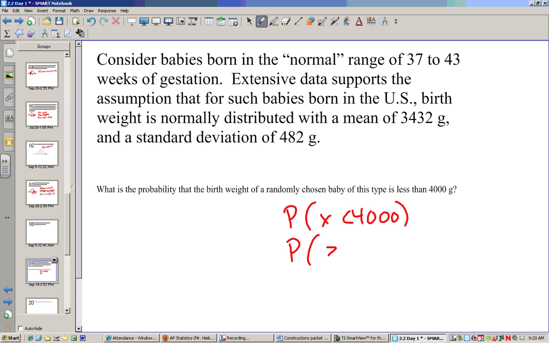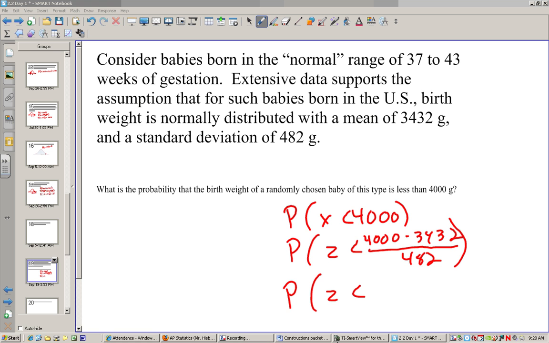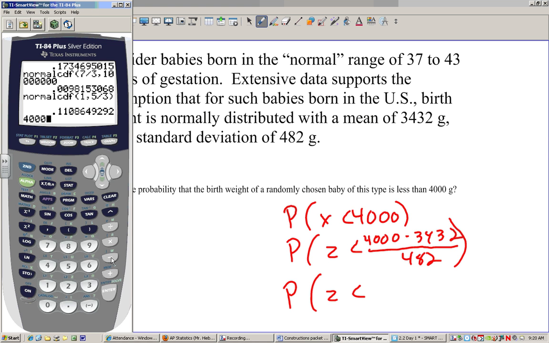So that would be the probability that my z-score will be less than 4,000 minus 3,432 divided by 482. So that's the probability that my z is less than, I'll take out my trusty calculator for this one, 4,000 minus 3432, 568, divide that by 482, and it's 1.178.